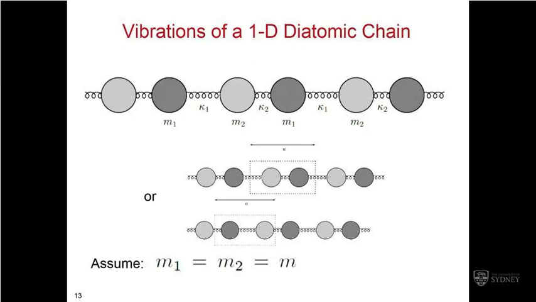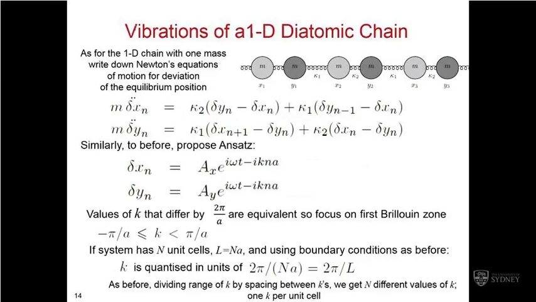Okay, so remember when we were first describing the one-dimensional chain, we had an equation very much like this, except we had the same spring constants. In this case, we've got 2 different sorts of atoms, so we've got 2 different spring constants, and X and Y just label the positions of the different species of atoms.